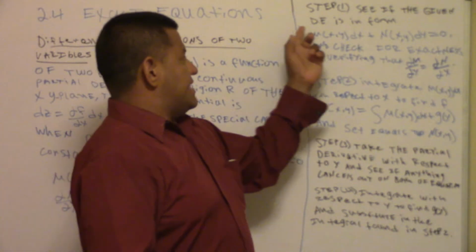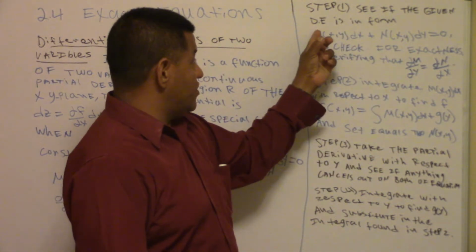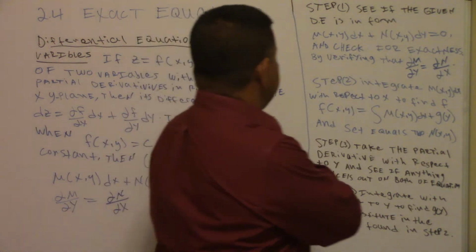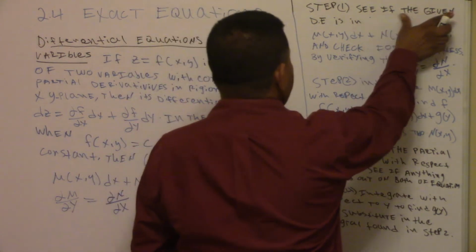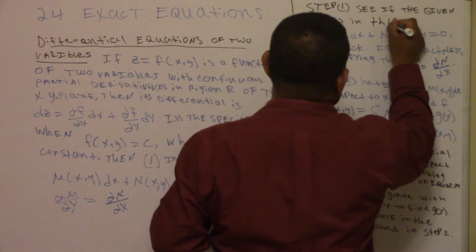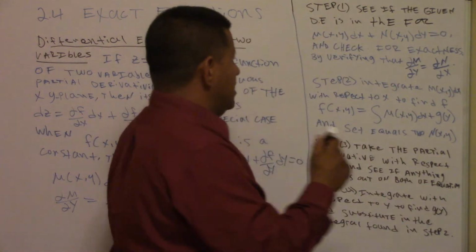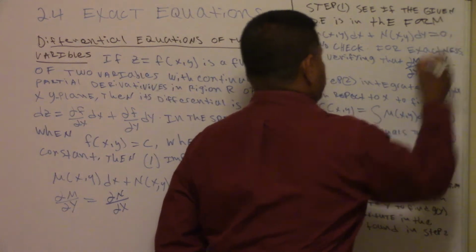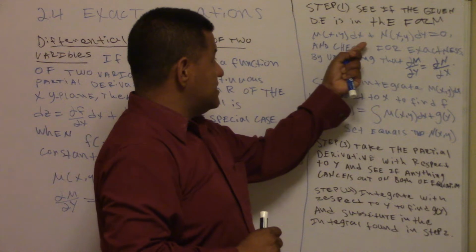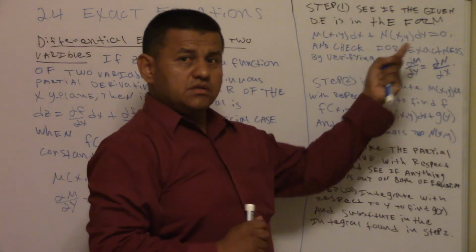Now, step 1: see if the given differential equation is in the form M of x comma y dx plus N of x comma y dy equals 0, okay?